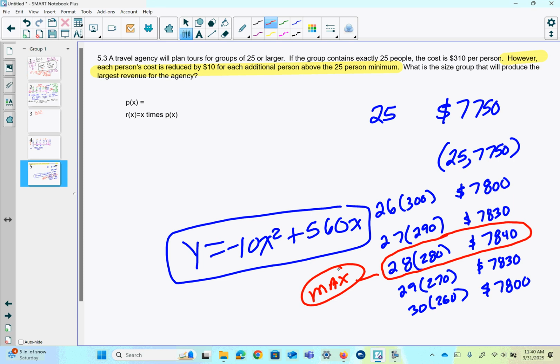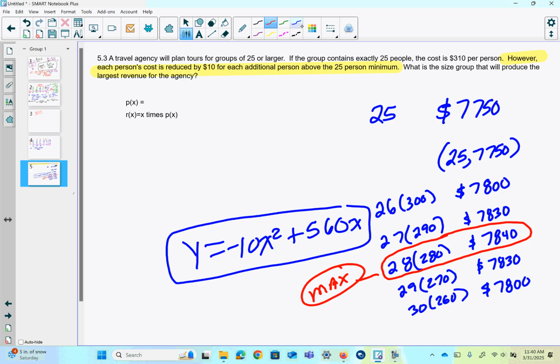Okay, now I want to play around with this the other way. I feel comfortable with this. Do you feel comfortable with it? Some people had seen this saying, however, the cost is reduced by $10 for each additional person above the 25 person minimum.